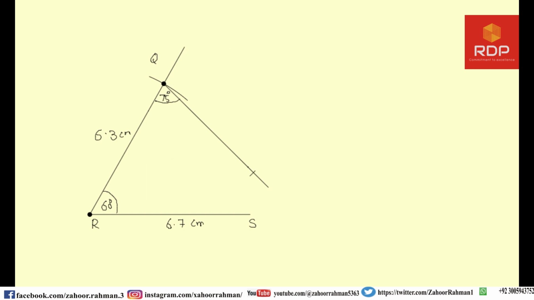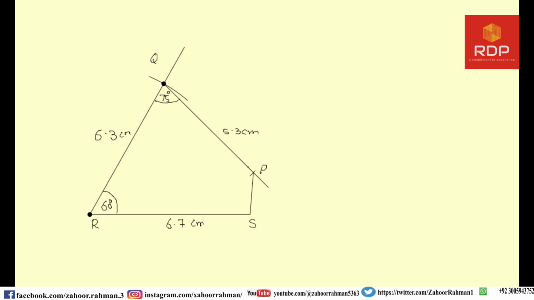Remove this and then connect this point to this, and then we have to label it as P. So we created PQRS. Let me write that this is 5.3 centimeter.